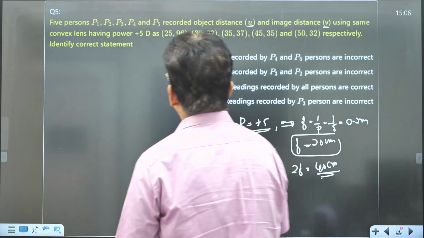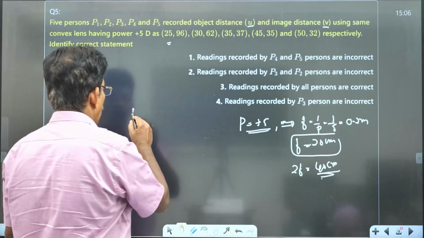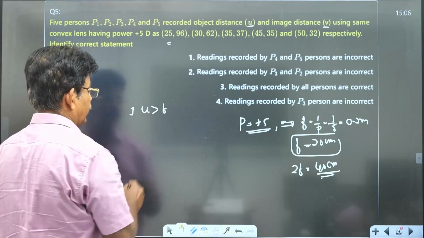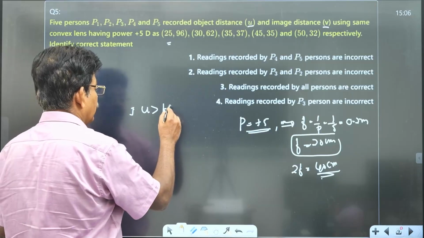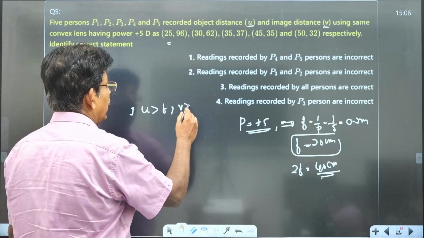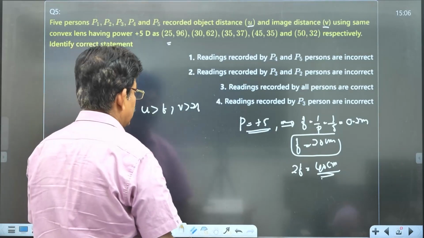Okay. First case, object distance is 25. U is greater than F. And you know, if U is greater than F, V should be greater than 2F. 2F is 40 centimeter.